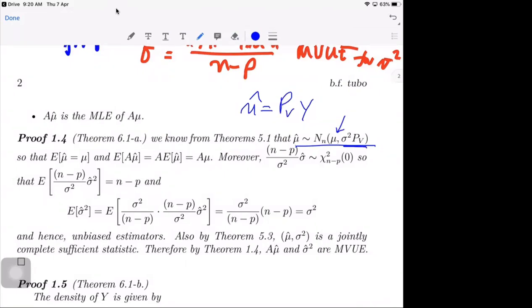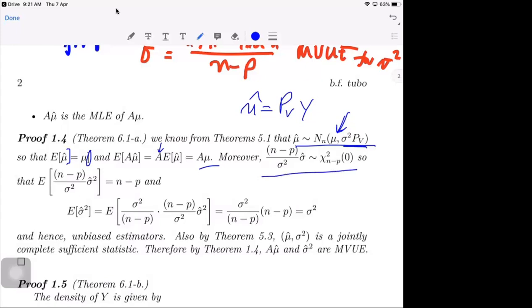So the mean vector is mu and our covariance matrix is sigma squared PV. So the expectation of mu hat will be mu, and the expectation of A mu hat, where A is just an arbitrary constant matrix, you can take it out of the expectation sign. So that is equal to A mu.